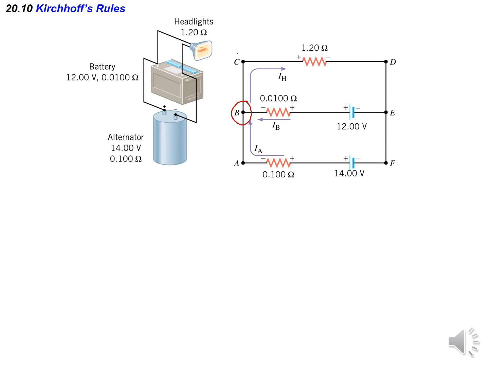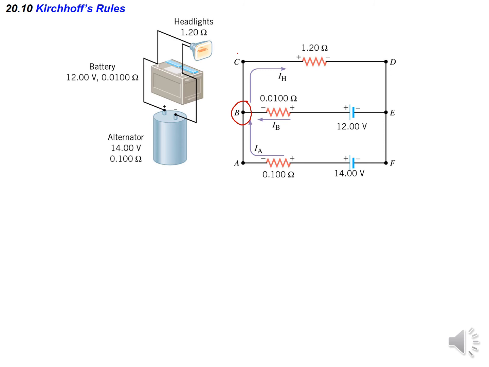So the question here is, what is the value of IH, or the current? As you can see, the current IH is directed out, leaving from the junction, and then IA is directed in the junction. The same thing with IB.